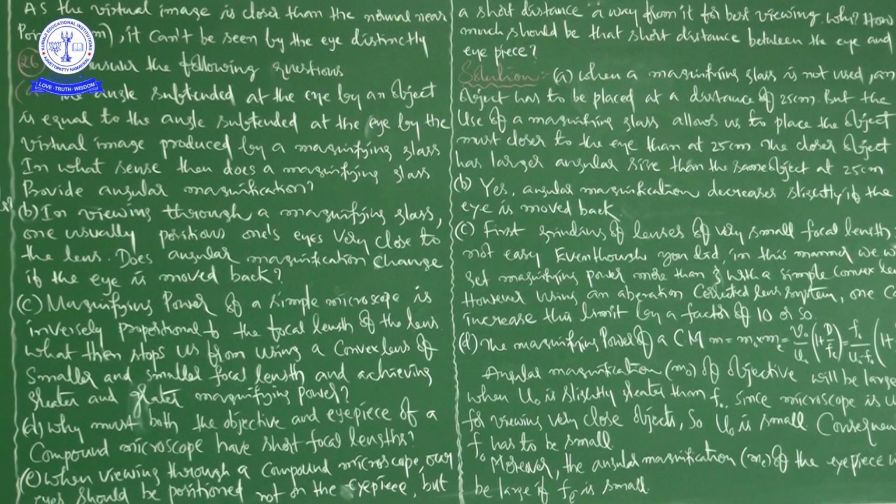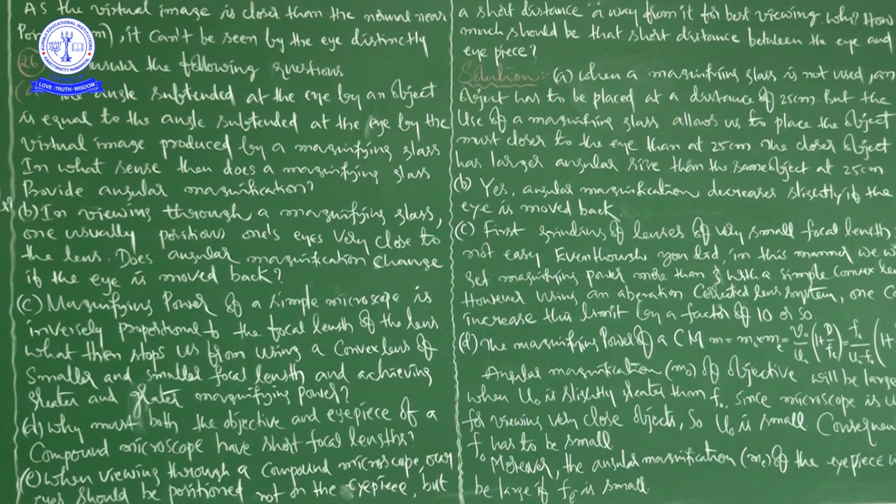Next, C. Magnifying power of a simple microscope is inversely proportional to the focal length of the lens. What then stops us from using a convex lens of smaller and smaller focal length and achieving greater and greater magnifying power?